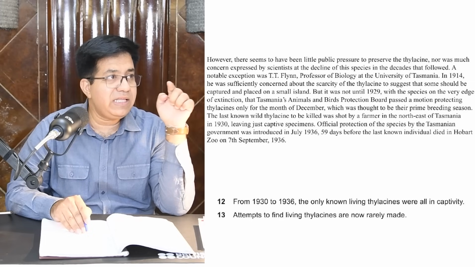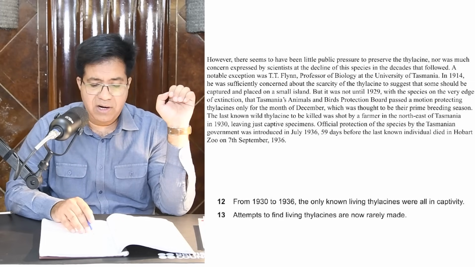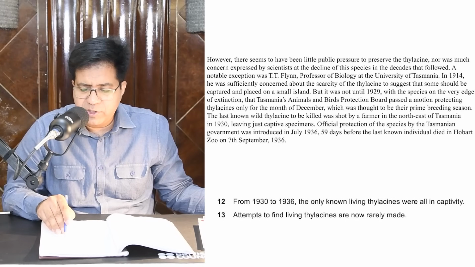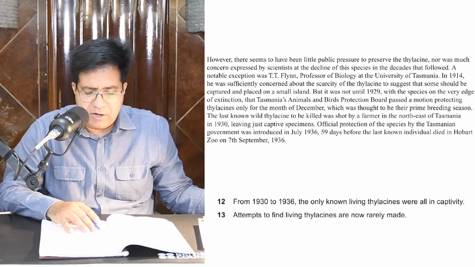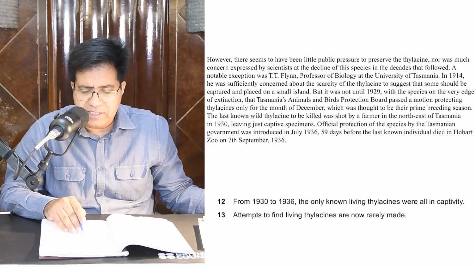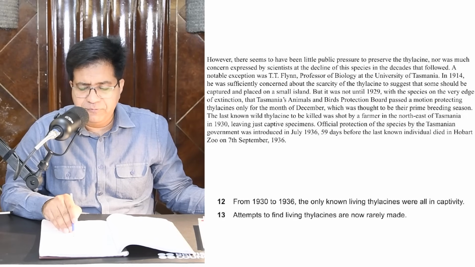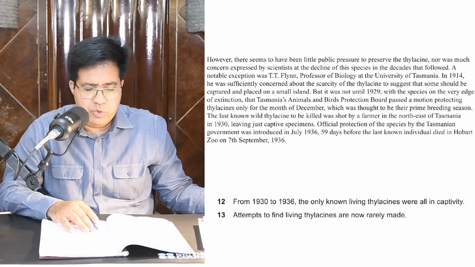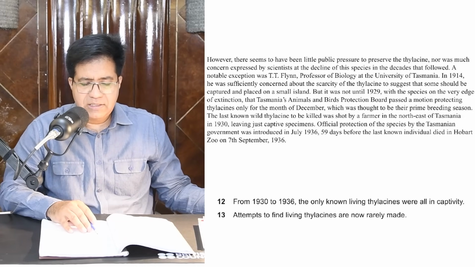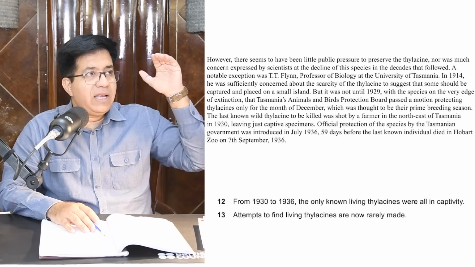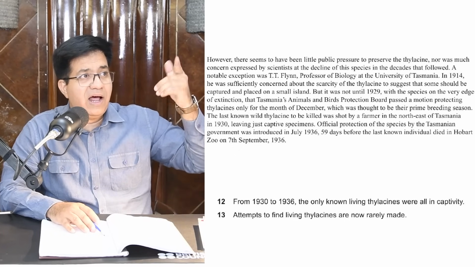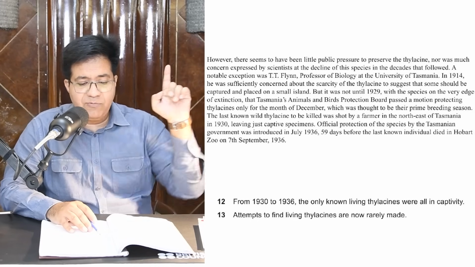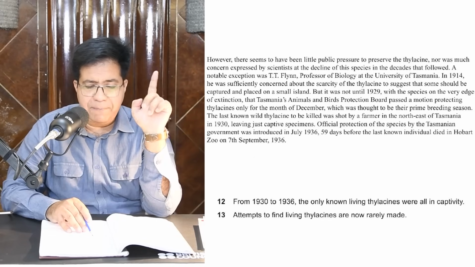Official protection of the species by the Tasmanian government was introduced in July 1936, 59 days before the last known individual died in Hobart Zoo on 7th September. So what happened? In 1930, a farmer killed the last thylacine which was in the wild, in the jungle. And then what happened? Leaving just captive specimens.